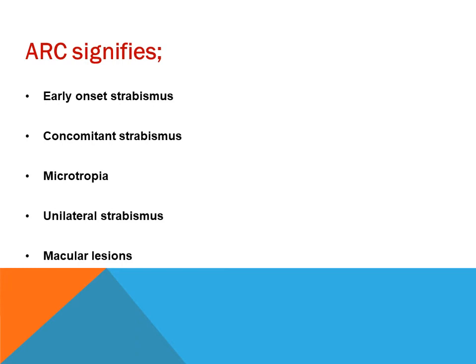Next is the concomitant strabismus, where the angle of deviation remains the same in all the directions of gaze. Next is microtropia. Microtropia is usually a congenital unilateral strabismus which is less than 5-degree deviation, and in microtropia usually we can get to see harmonious ARC.